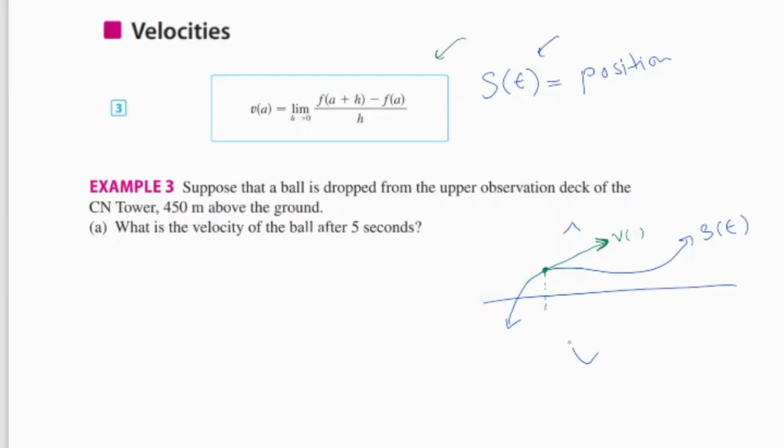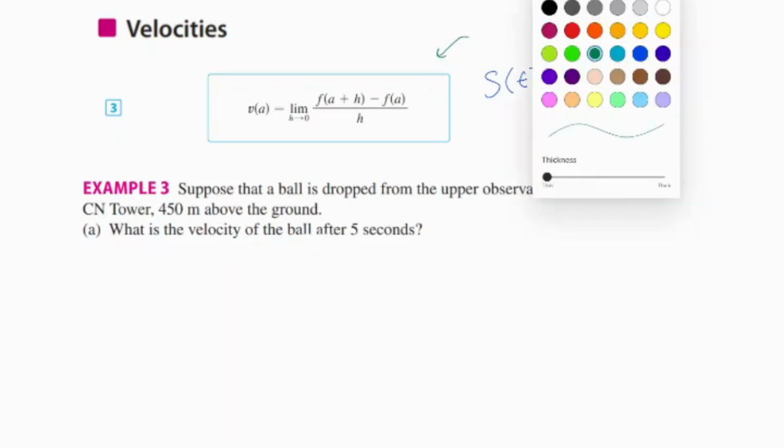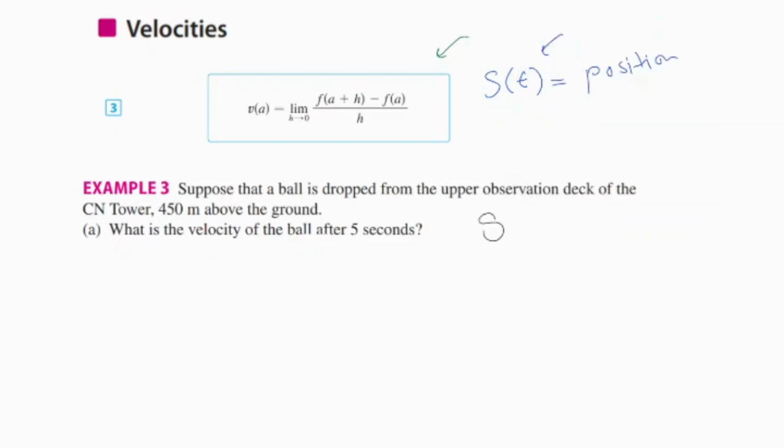Let's go directly to an example. Just a reminder, s of t is equal to 4.9 t squared.